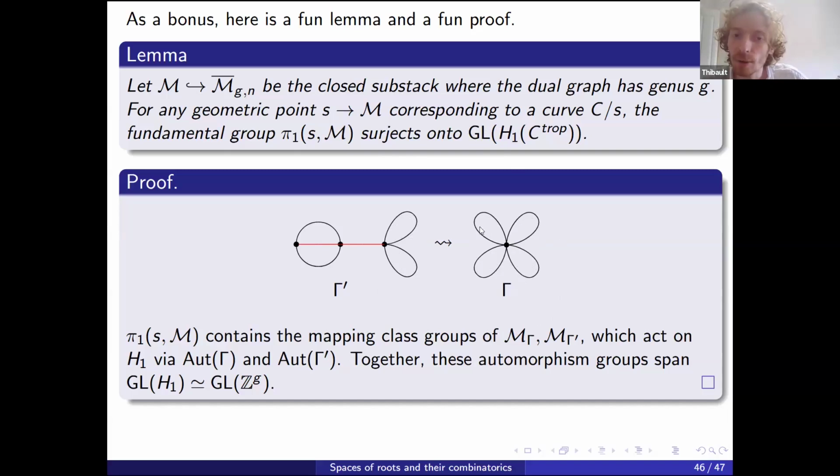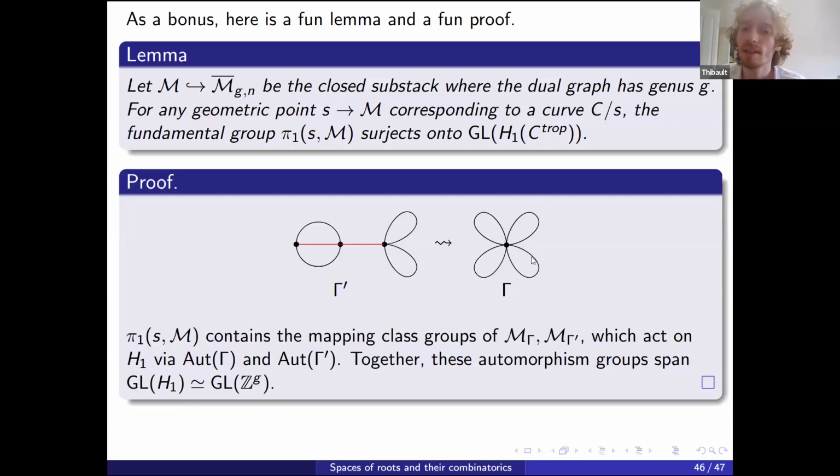And you can see that automorphisms of gamma act on H1 by every permutation matrix in this basis, right? Because I can always exchange two loops using an automorphism. And I can also flip the orientation of one loop, and I get a diagonal matrix with a bunch of -1s if I want them.